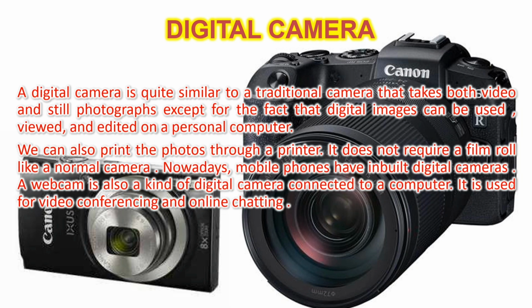We can also print the photos through a printer. It does not require a film roll like normal camera. Nowadays, mobile phones have inbuilt digital cameras. A webcam is also a kind of digital camera that is connected to a computer. It is used for video conferencing and online chatting.